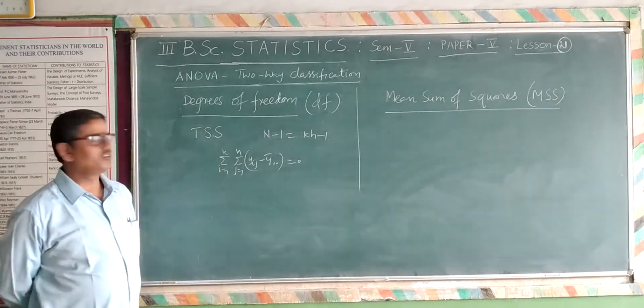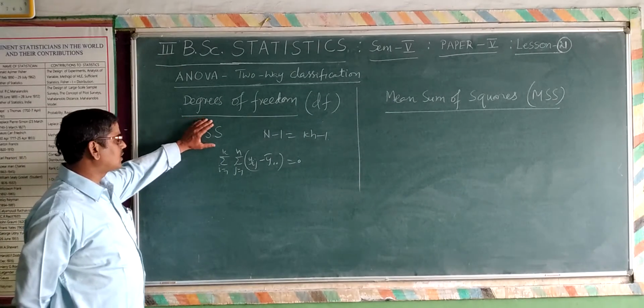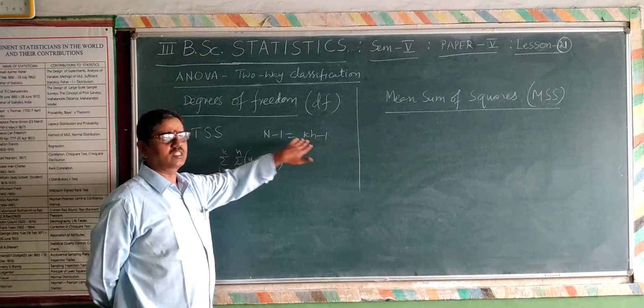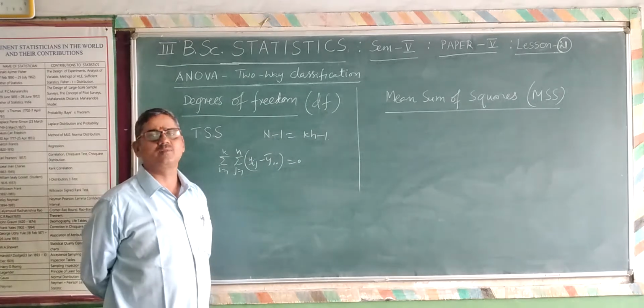Therefore the degrees of freedom for the total sum of squares is kh minus 1, or capital N minus 1.